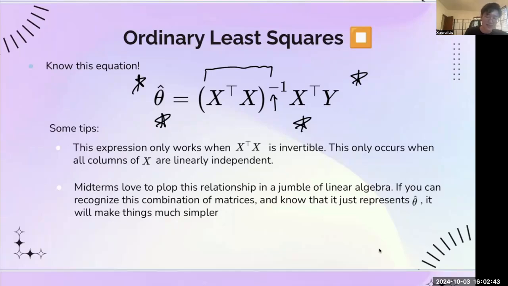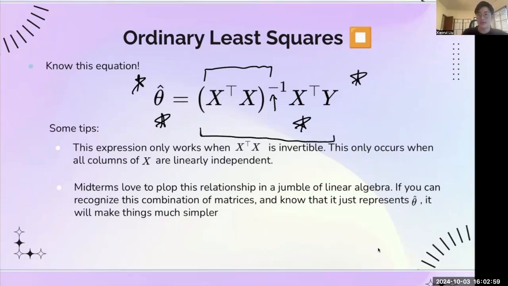Try to go slow and methodical and recognize combinations of matrices that you know. So if you see this entire term on the right side of the equation in a midterm, you could substitute it for your optimal theta hat as a way to simplify the expression. Just take things one step at a time when you see those types of questions.